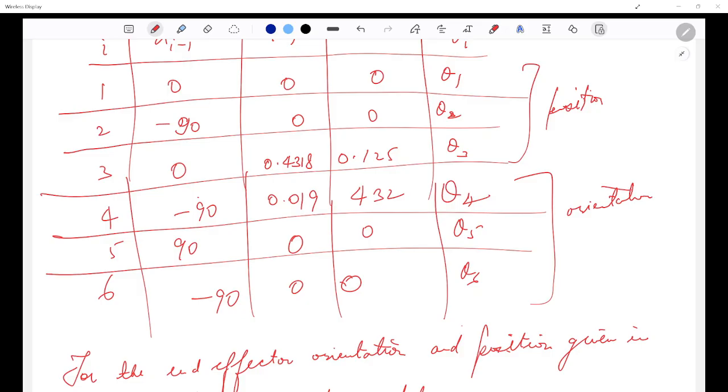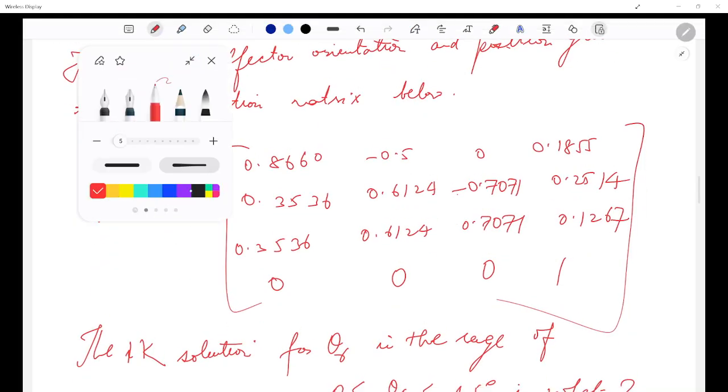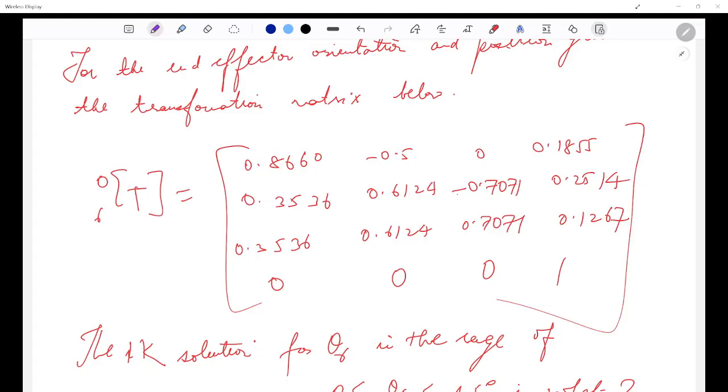Now, you know very well that this part is a rotation matrix.